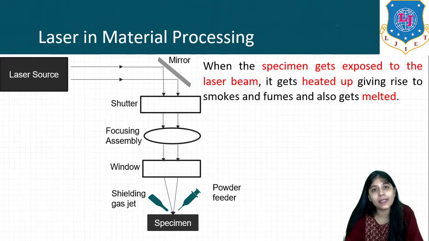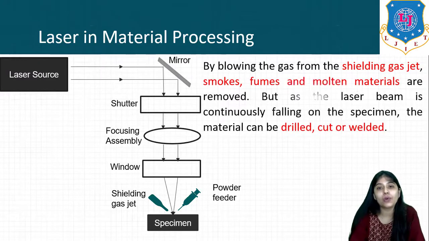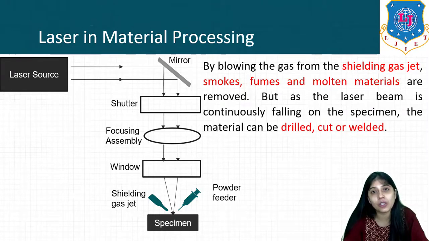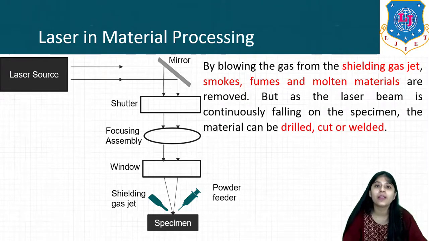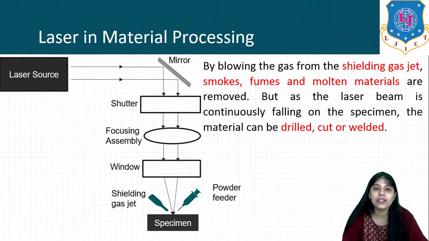When the specimen gets exposed to the laser beam, it gets heated up, giving rise to smoke and fumes, and also gets melted. Right? So by blowing the gas from the shielding gas jet, smoke, fumes and molten materials are removed. But as the laser beam is continuously falling on the specimen, the material can be drilled, cut or welded. So in this way, laser is used for material processing.